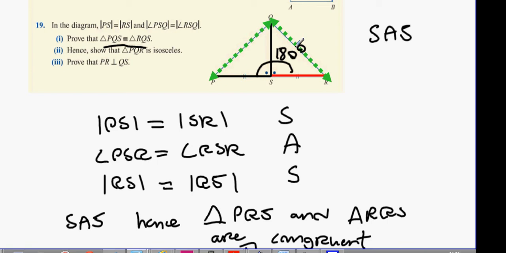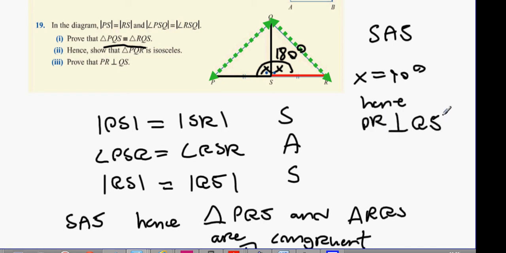It's cut in two equal angles. So if two angles equal 180, what does that mean about each angle? This angle X here is equal to 90 degrees. Hence, PR is perpendicular to QS. Has to happen that way. Who got that one now? Okay, well done.